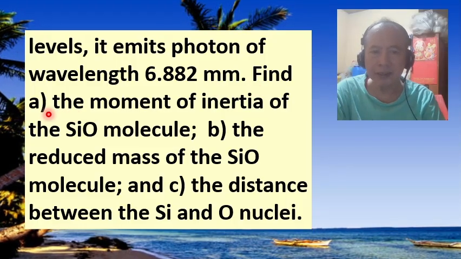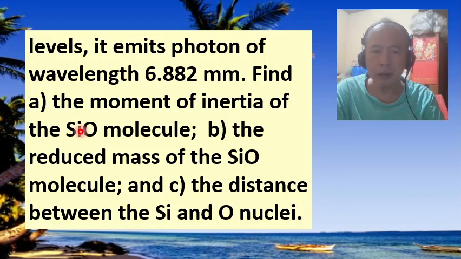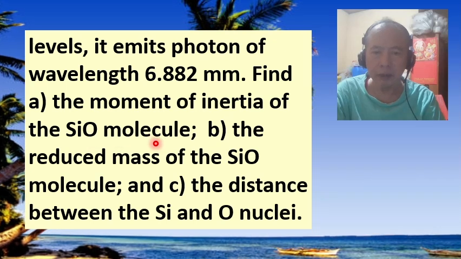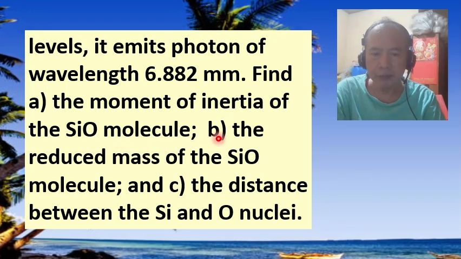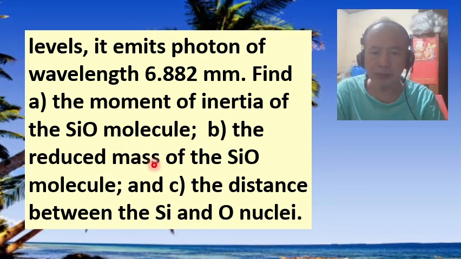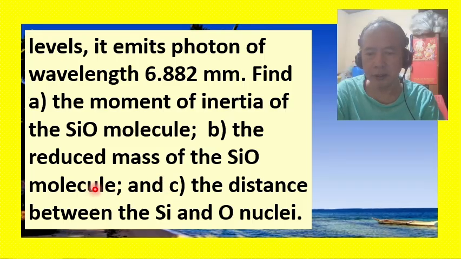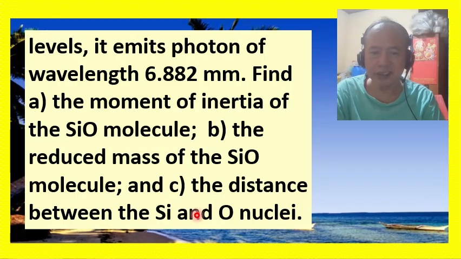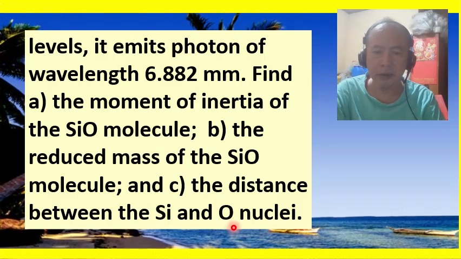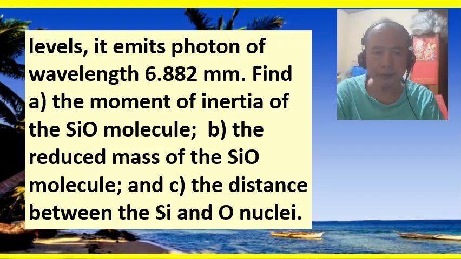Find letter A, the moment of inertia of the silicon monoxide molecule. Letter B, the reduced mass of the silicon monoxide molecule. And letter C, the distance between the silicon and oxygen nuclei.